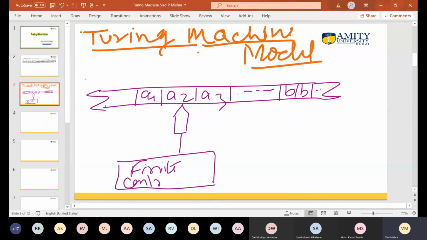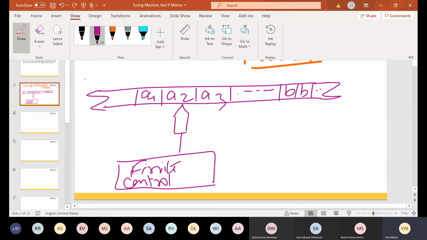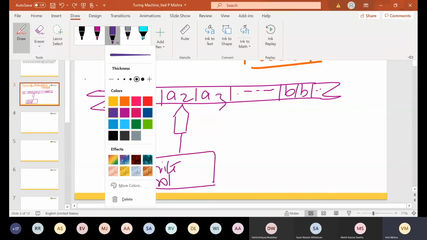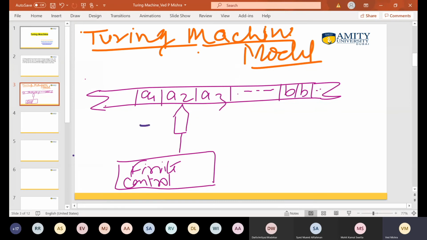This is called the read-write head, RW means read-write head, and these are the tapes.